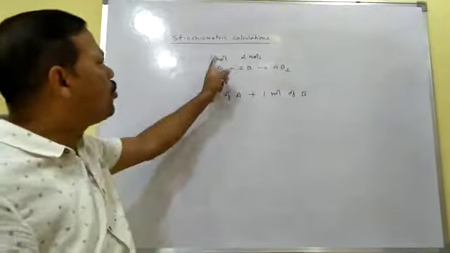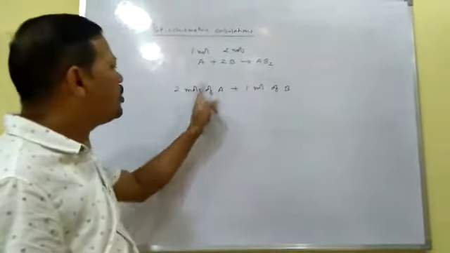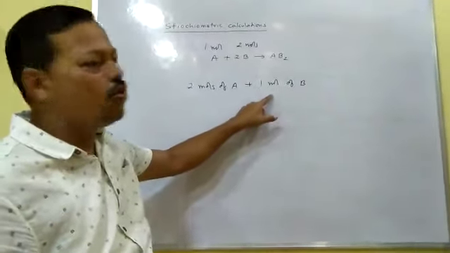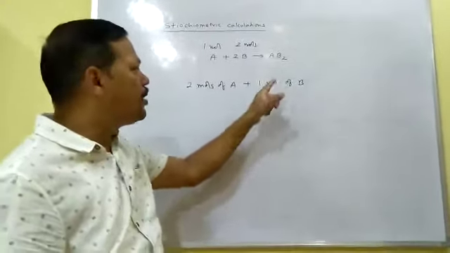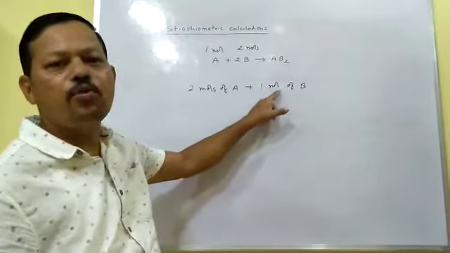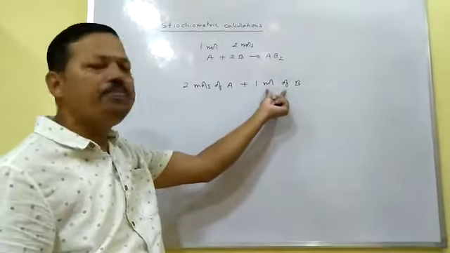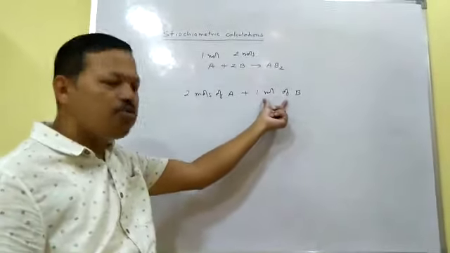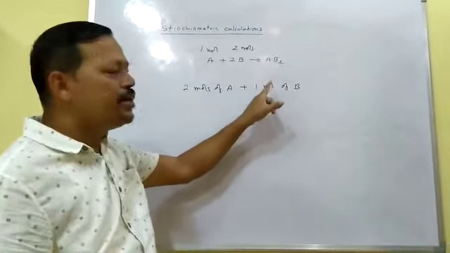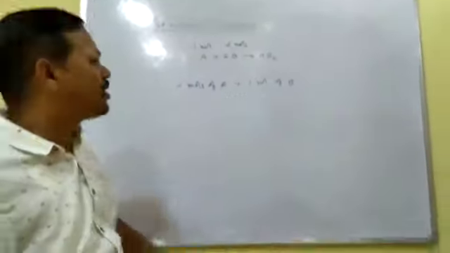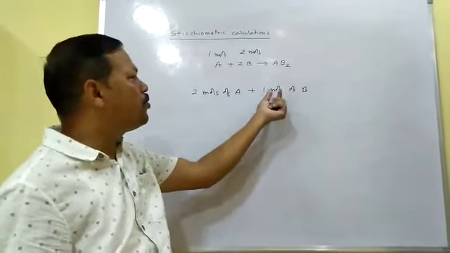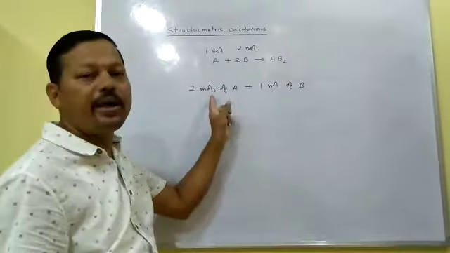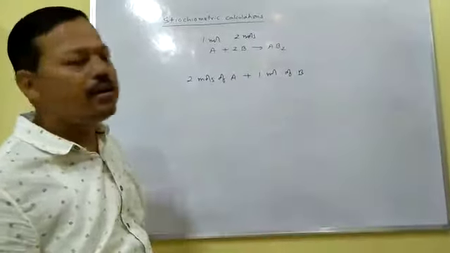As you know, 1 mole requires 2 moles. 2 moles requires how much? It requires 4 moles. If A is 2 moles, B should be 4 moles. But how much is given? Only 1 mole. The amount of B is less than required. That is why B is the limiting reactant. When you calculate the amount of product, you have to calculate only from B, not from A. If you calculate from A, it will be wrong.